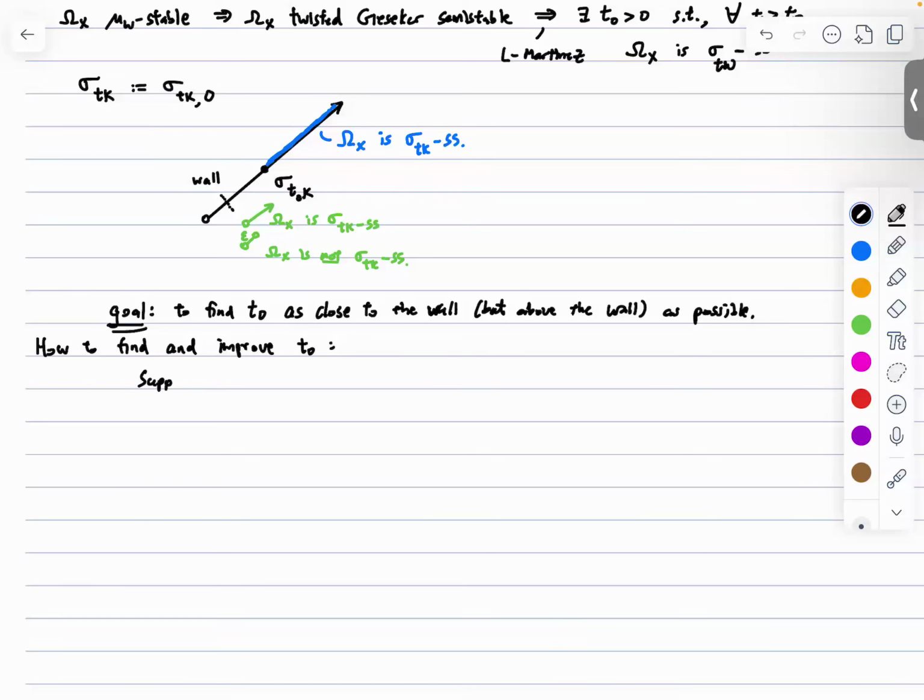So here's a standard argument. We start by assuming we are looking at a stability condition exactly on the wall. So suppose we have a Bridgeland stability that's exactly at the wall.